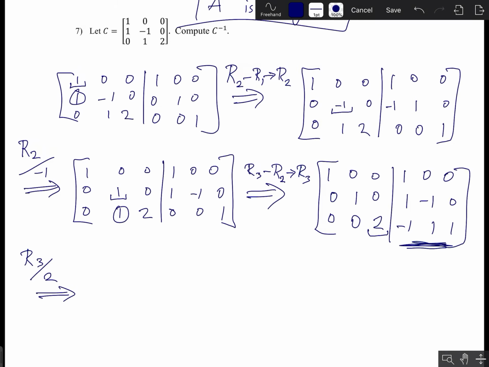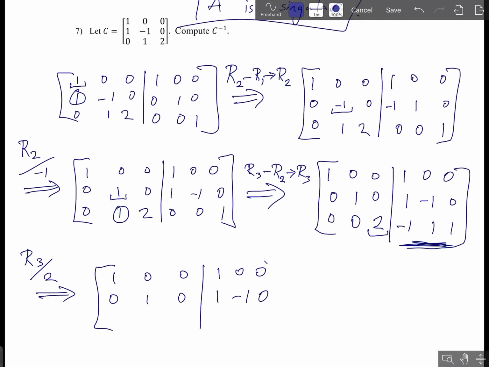And remember, we apply this row operation to the entire row. So these top 2 rows are not changing, but the new bottom row will be 0, 0, 1, negative 1 half, 1 half, 1 half. Okay, and now we've completed the task of reducing that left side matrix.